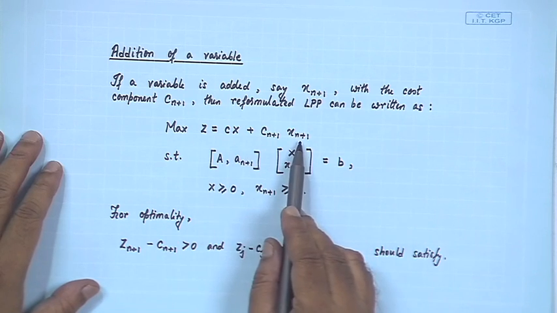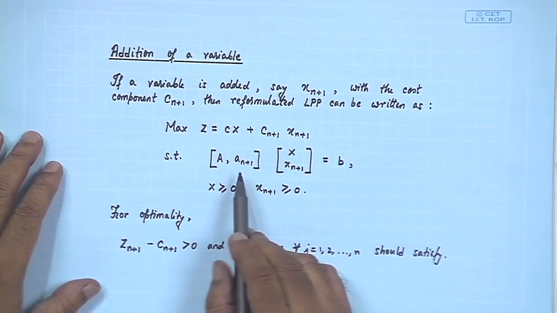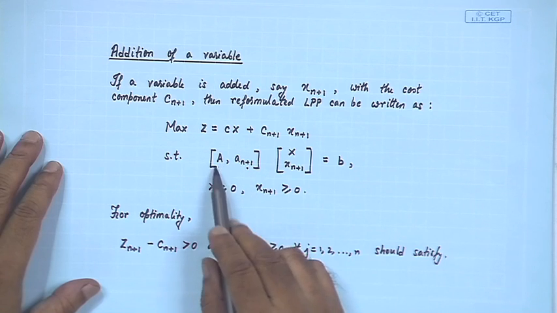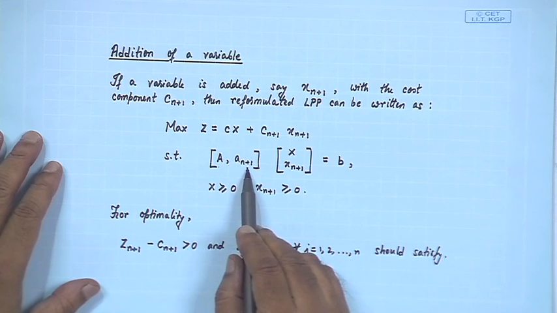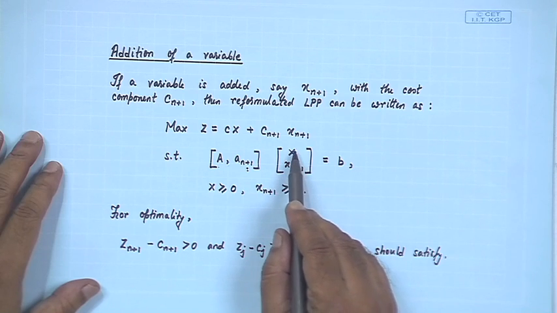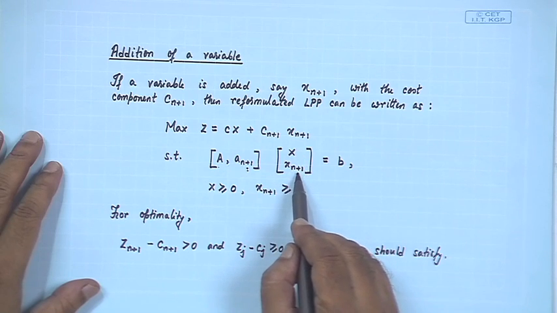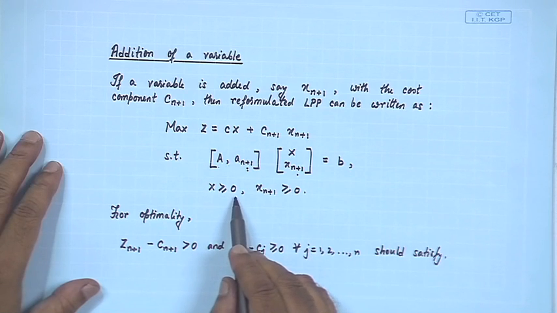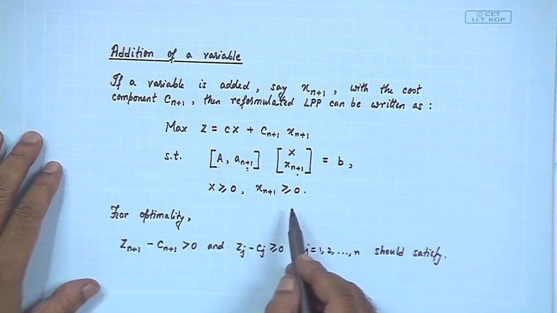So, cost coefficient is this. Once I am doing this, your A will be changed, one more coefficient will come here. So, in place of A, the matrix will be A comma A n plus 1, and your decision vector will be changed to x and x n plus 1, B will be changing. Obviously, x greater than equals 0 and x n plus 1 greater than equals 0.